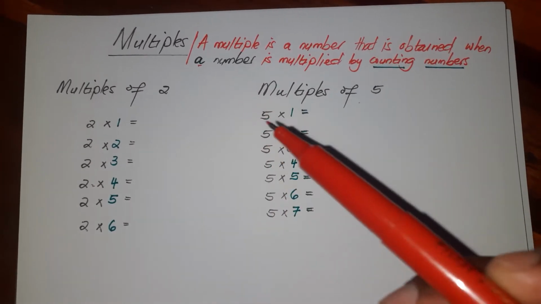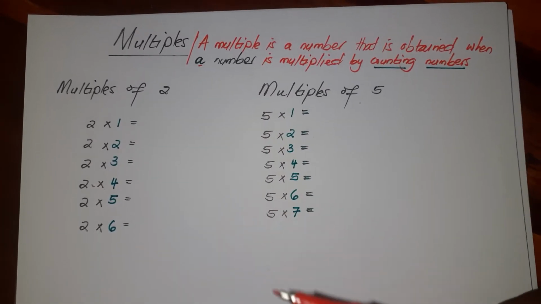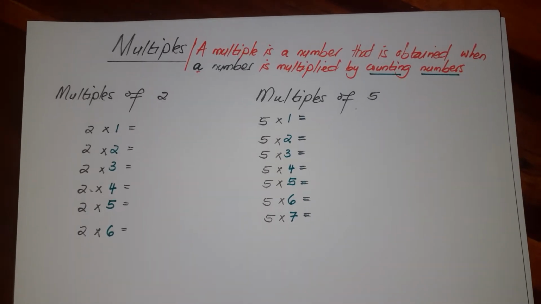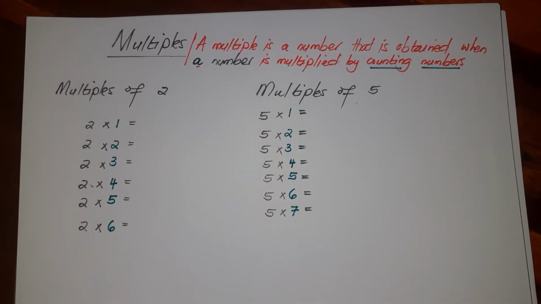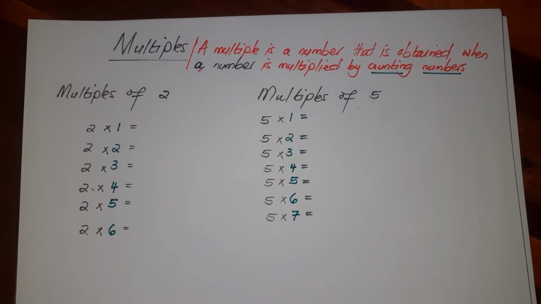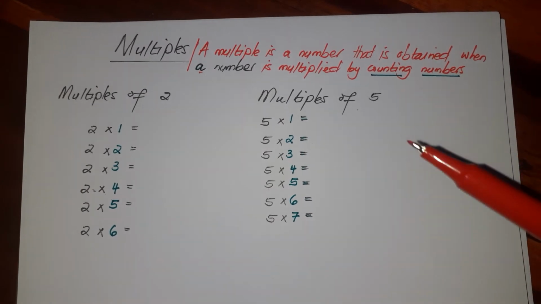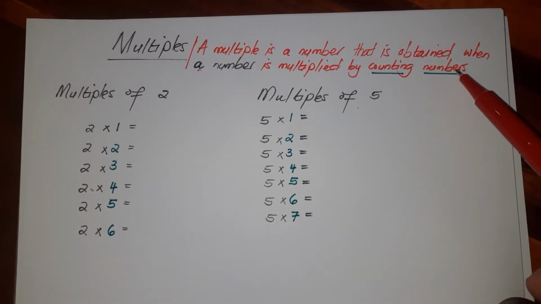Actually you will come to talk about multiples of numbers after knowing what are whole numbers, what are natural numbers. That's when you come to multiples. Now here we are using the word counting numbers.